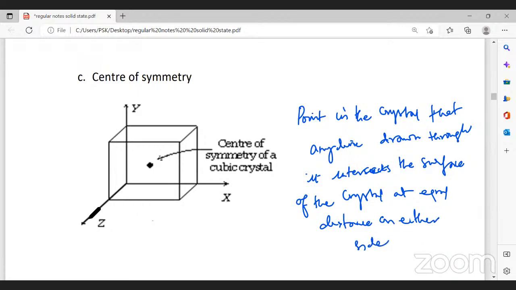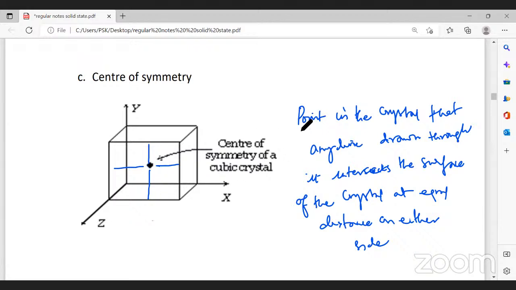Now they've represented a dot here. Just imagine this is a roof and this is the floor. If I draw the line here, the distance between the roof and the floor will be what? Same. Or if I draw the line to this face and this face, the distance between the two faces will be what? Same. So therefore, this point is called the center of symmetry in a cubic crystal.